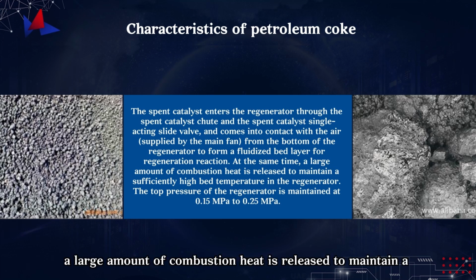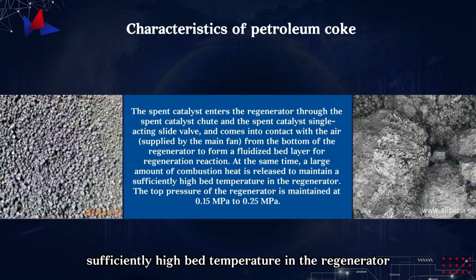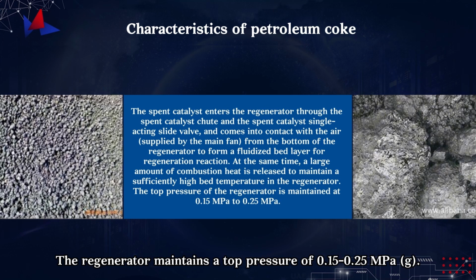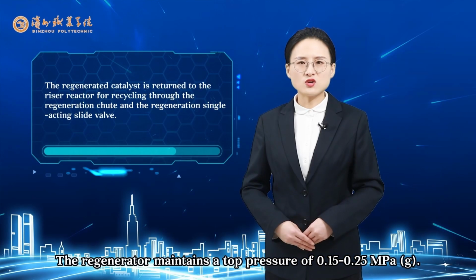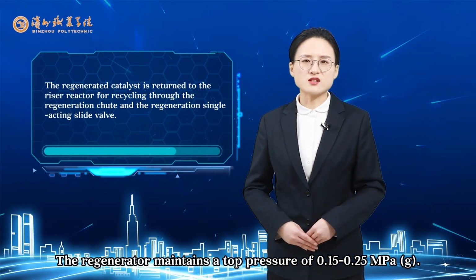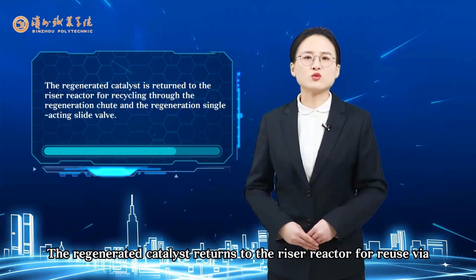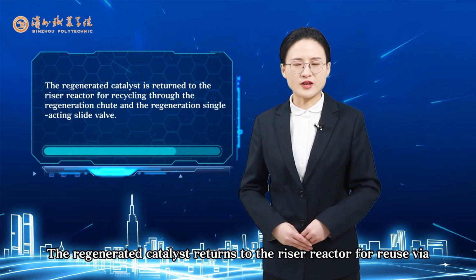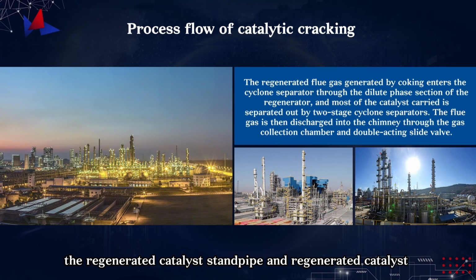Simultaneously, a large amount of combustion heat is released to maintain a sufficiently high bed temperature in the regenerator. The regenerator maintains a top pressure of 0.15 to 0.25 megapascals G. The regenerated catalyst returns to the riser reactor for reuse via the regenerated catalyst standpipe and regenerated catalyst plug valve.